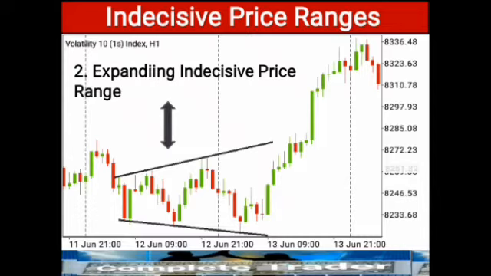It is a very strong movement in price, and most of the time, the starting point of those price ranges is respected. When we go into the charts, you will understand more of what we're talking about. But indecisive price ranges leave you in the dark, and you want to stay on the sidelines and watch how the market will play out before you jump in.